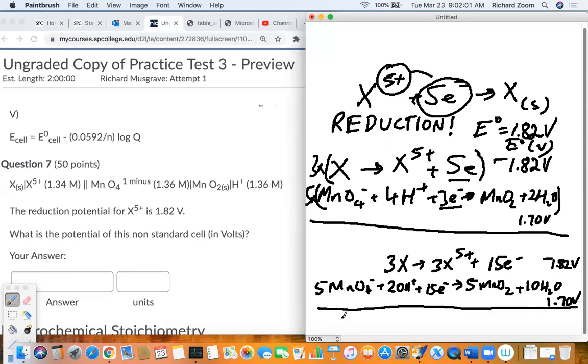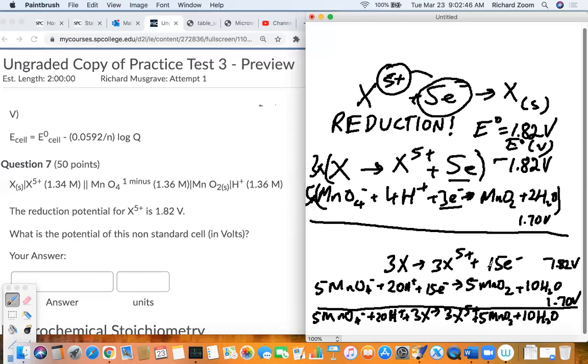All right, so this allows me to come up with the final reaction here, which is 5 MnO4 minus plus 20H plus plus 3x gives 3x5 plus 5 MnO2 plus, what have we got, 10H2O.